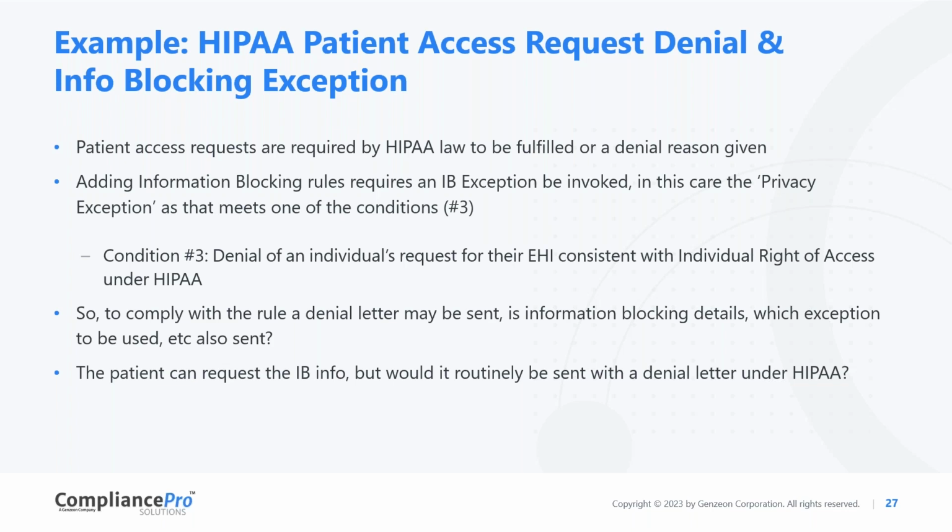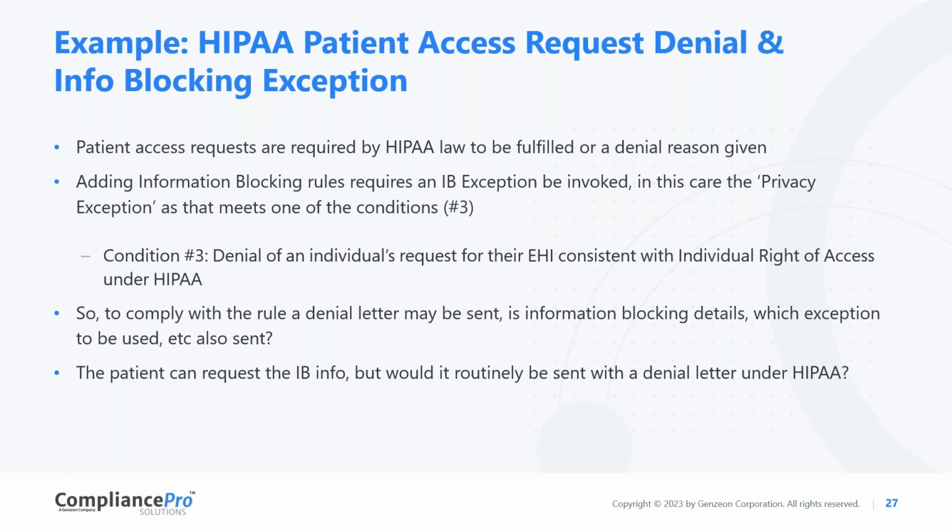You have to be able to validate that and have that documentation available should that be challenged. If you are going to deny access, follow the rules for the denial letters. They're very much the same as they are for any privacy denial. You want to send that and then give the patient the right to appeal it and have the appeal process clearly defined. So the same process would exist there as well.